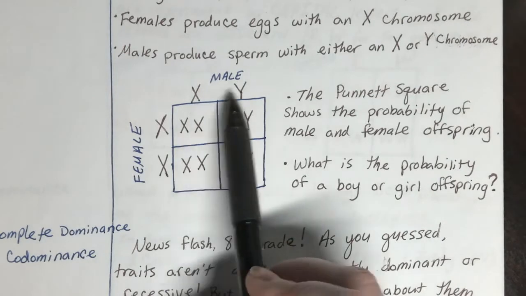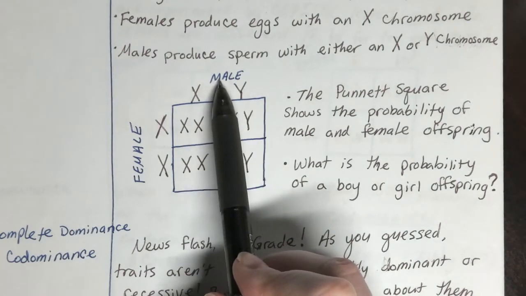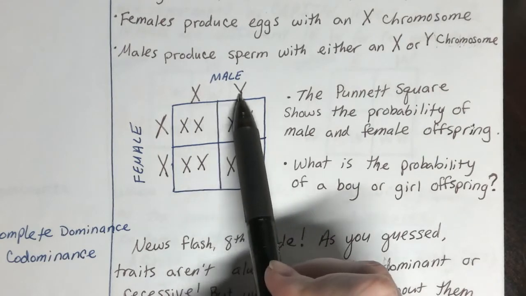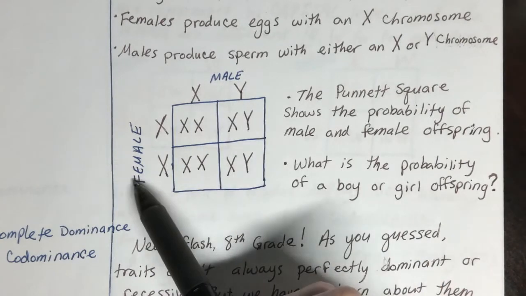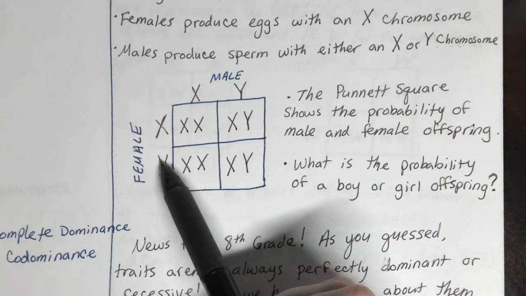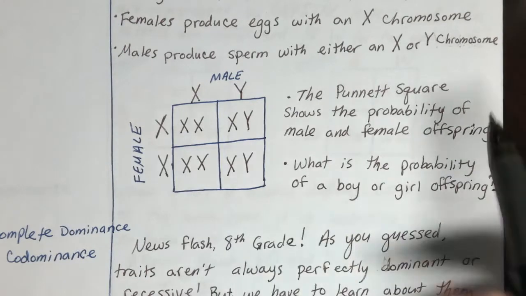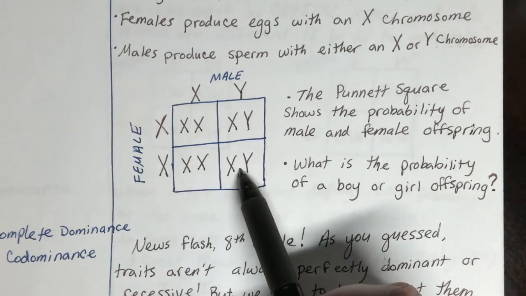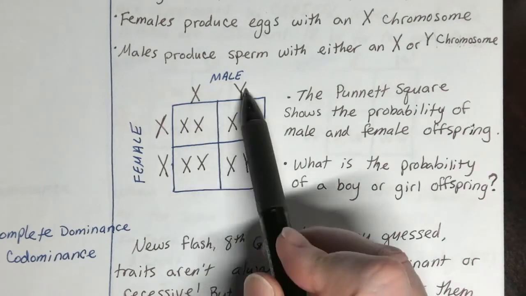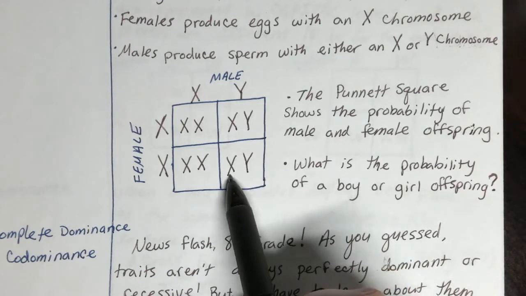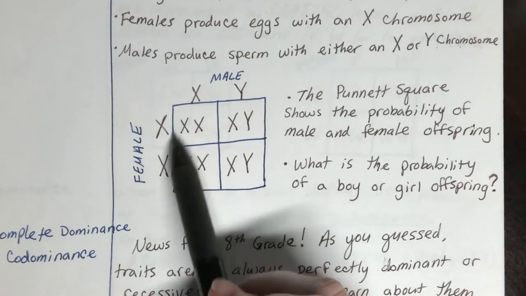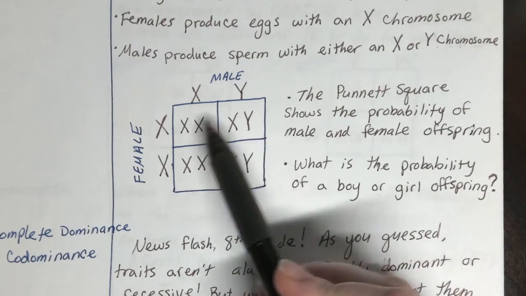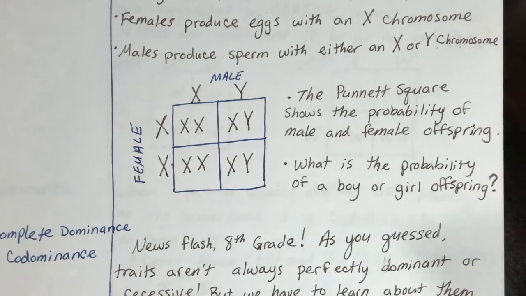So we're going to take the X and the Y, which can be produced by a male. So we have our X or our Y that can be produced by the sperm. And we have our female, which can give either an X or another X to the egg. As we cross the Punnett square, by moving our X's over and our genotypes down here, we come up with 2 chances of XX, 2 chances of XY, out of 1, 2, 3, 4 possibilities.